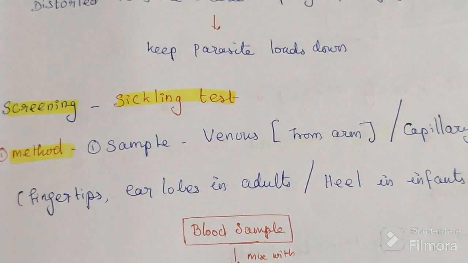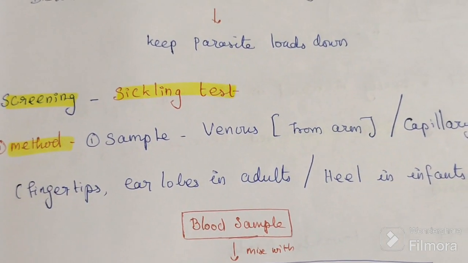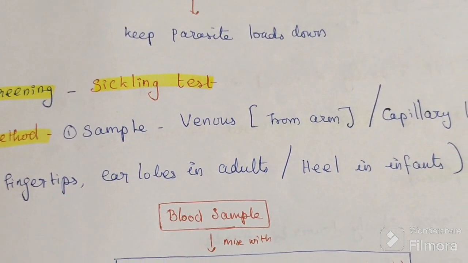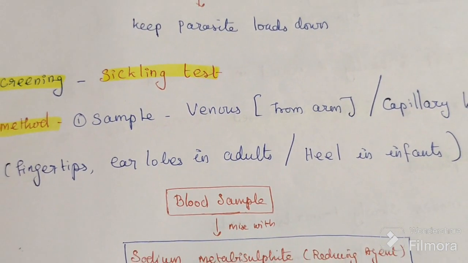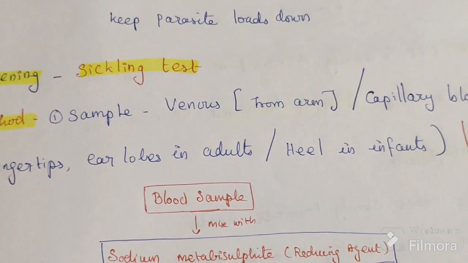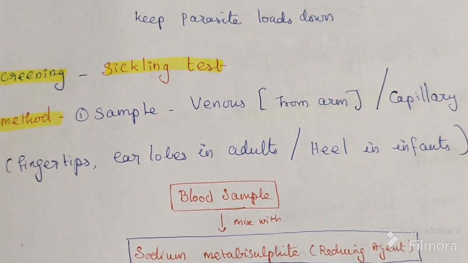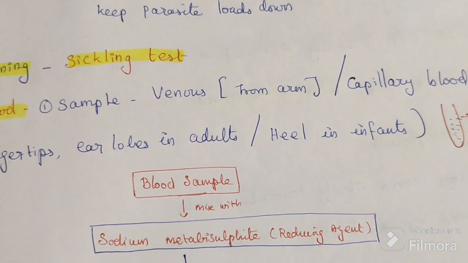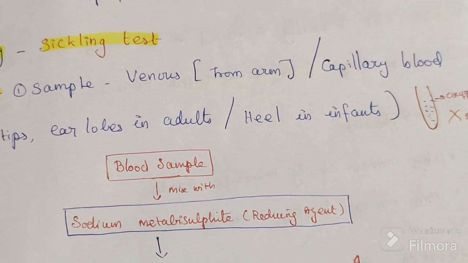Next is screening test. Screening and confirmatory test. In the screening test, at the initial stage the sickling is reversible, right? Just suppose we collected the patient's blood sample in a test tube.